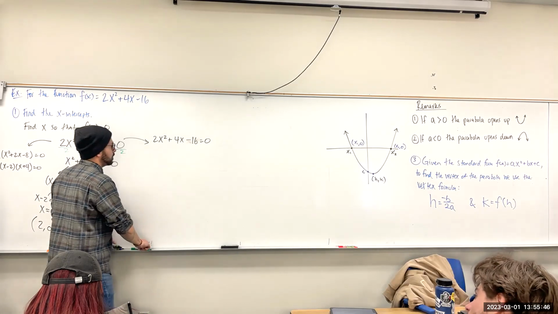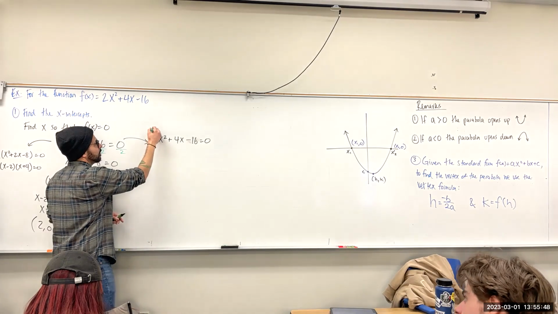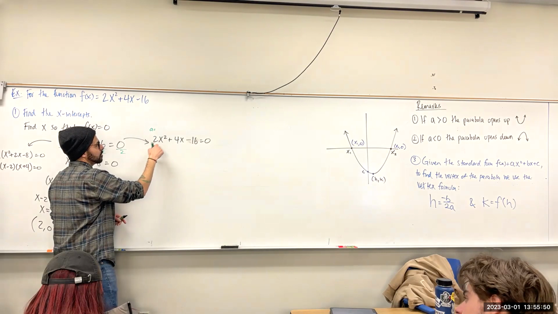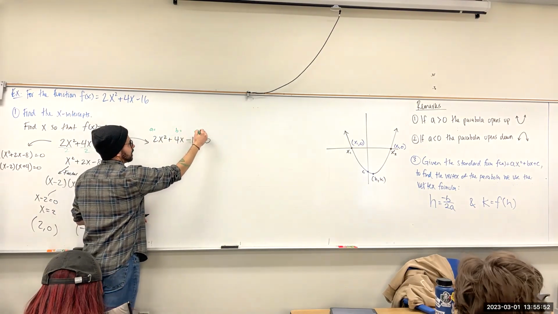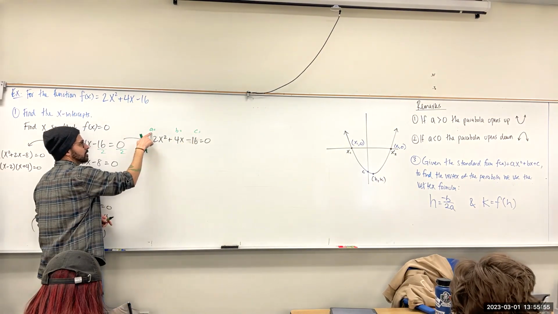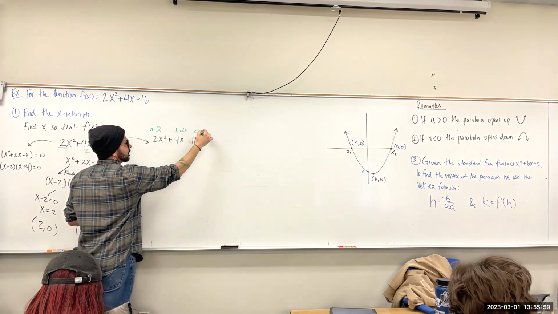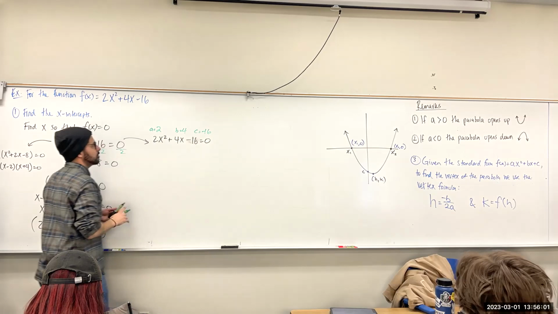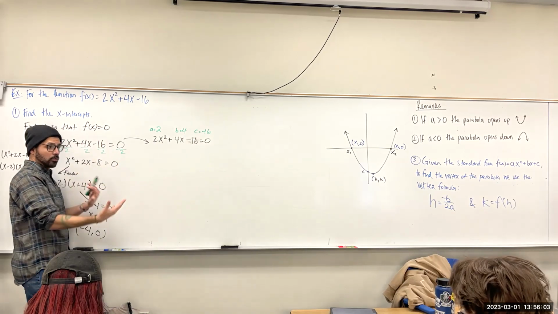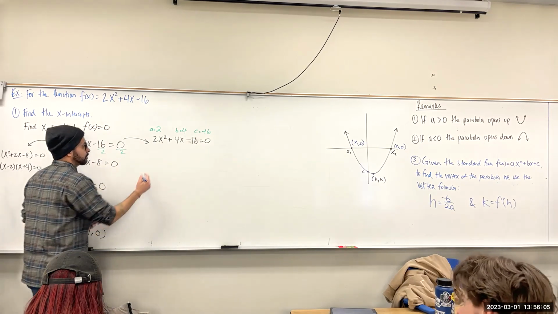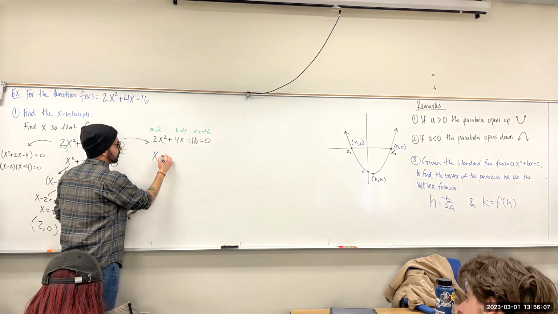So here, what you need to do first is identify what is the a coefficient, what is the b coefficient, and the c coefficient. This is 2, 4, -16.